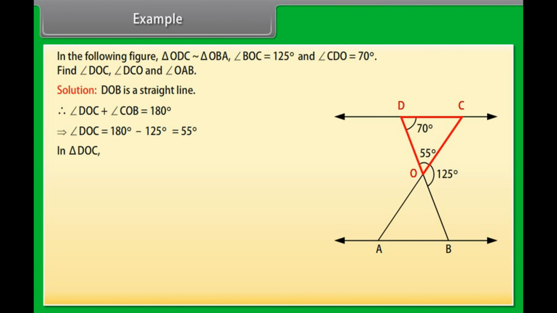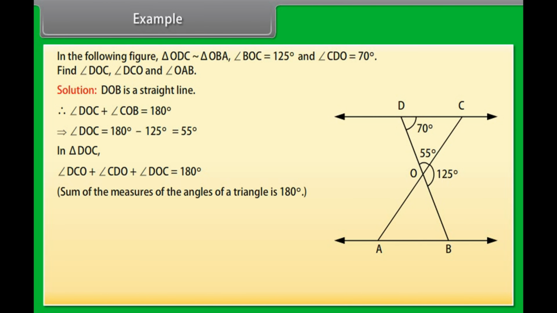In triangle DOC, angle DCO plus angle CDO plus angle DOC equals 180 degrees. The sum of the measures of the angles of a triangle is 180 degrees, which implies angle DCO plus 70 degrees plus 55 degrees equals 180 degrees, which implies angle DCO equals 55 degrees.